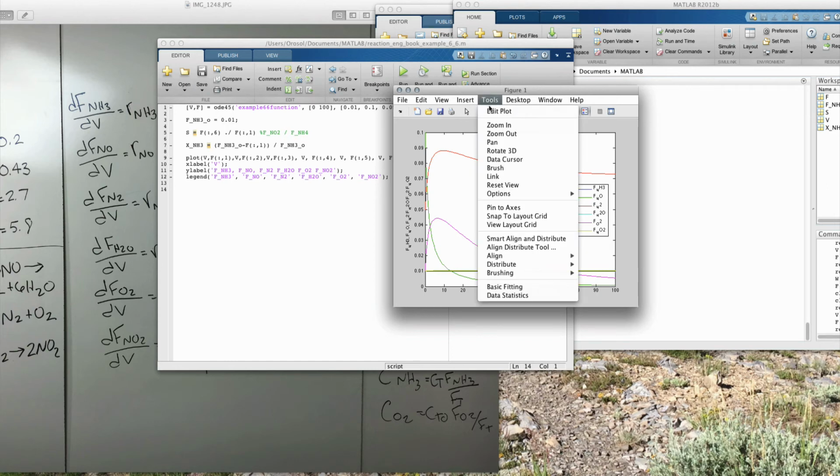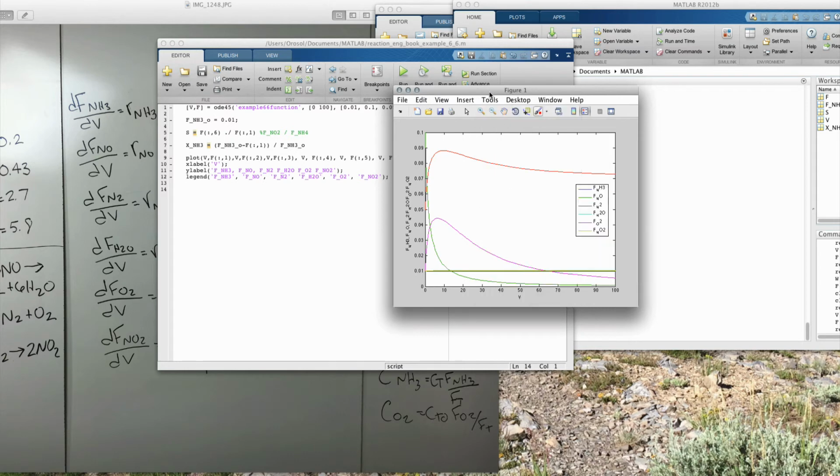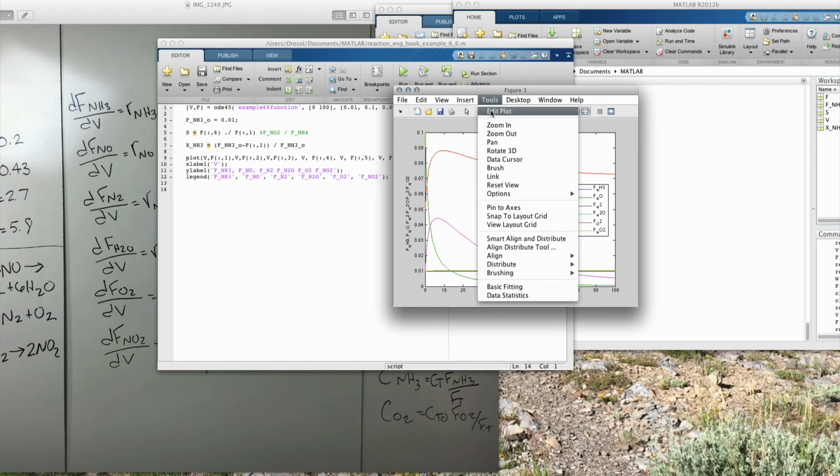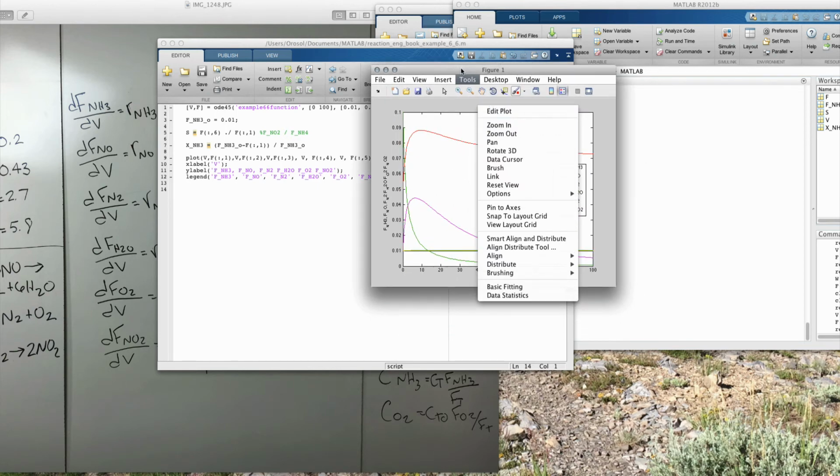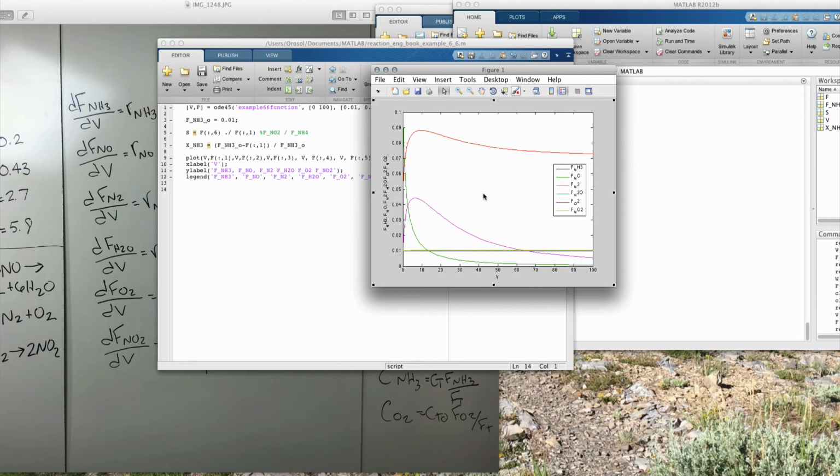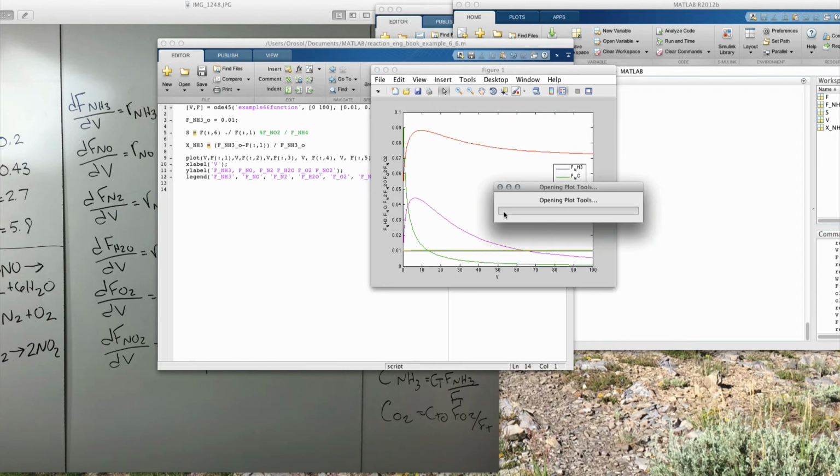And so to mess with some of these fonts, I'm not going to spend a lot of time on this because I already did in a previous video, but just to remind you how to do all this, you would go to Tools, Edit Plot, and then you can click on it.